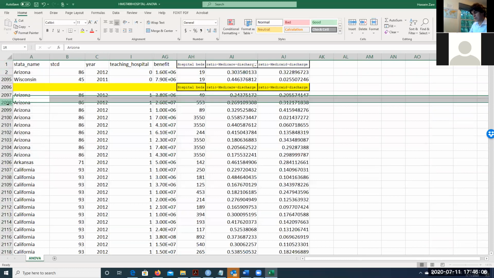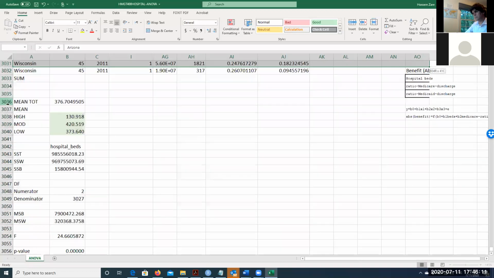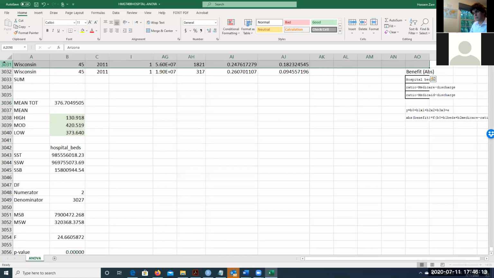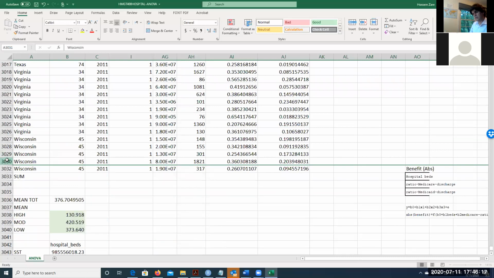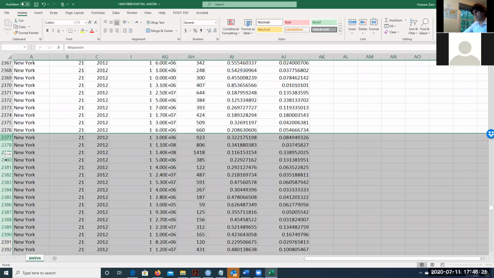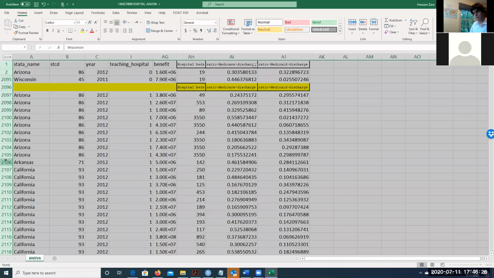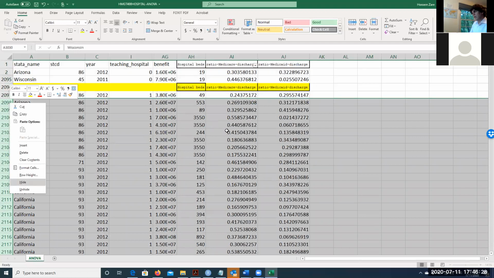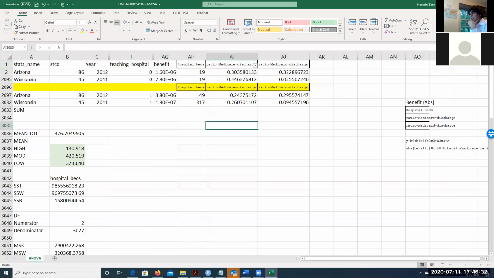Okay, same here. Now it's ready to get regression. Hopefully it worked this time.